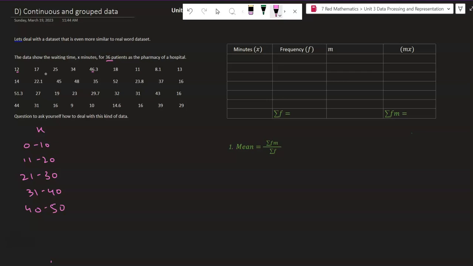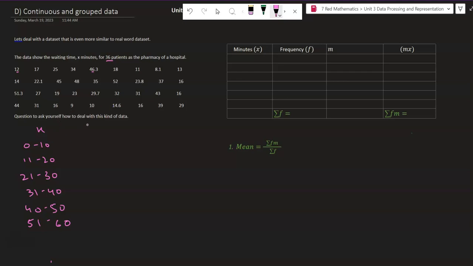Essentially I only need to figure out two things, the highest value and the lowest value. The highest value is 51, so I have to write 51 to 60 as well, and the lowest value is, I think, 9.